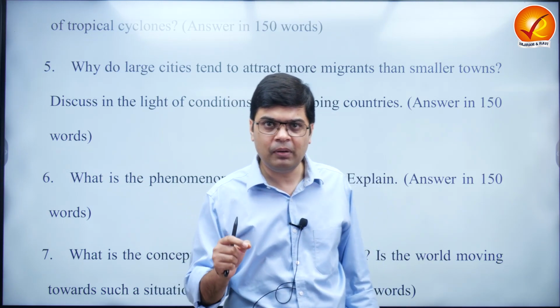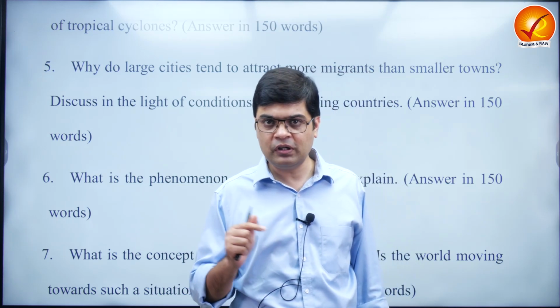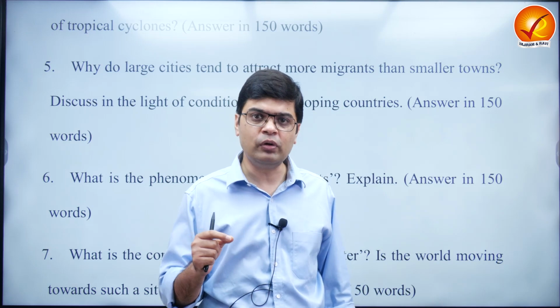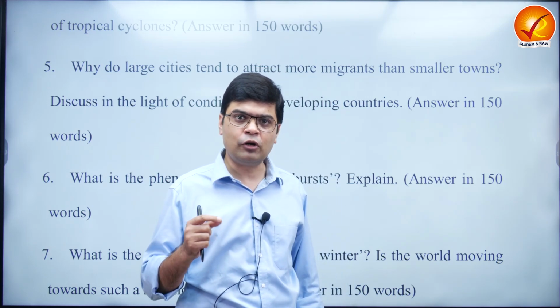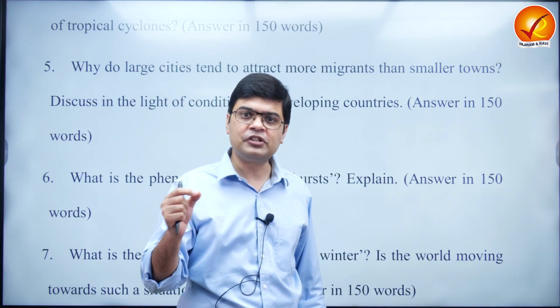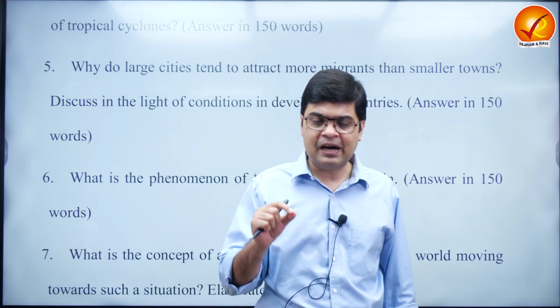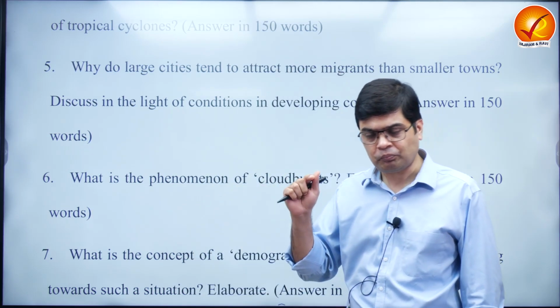But much of the migration in the world, since very long, has largely been related to economic factors. It's basically the desire of a man to improve his economic status that leads to migration.